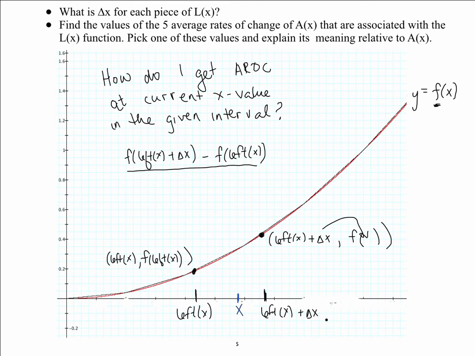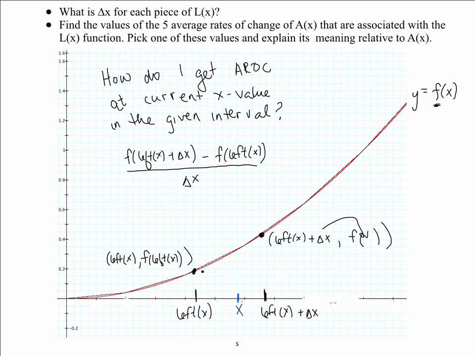Left of x plus delta x minus left of x, that's just the width of the interval, which is why I chose not to use right of x, so that we could actually see that. Now, this expression is the average rate of change over this entire interval, right?